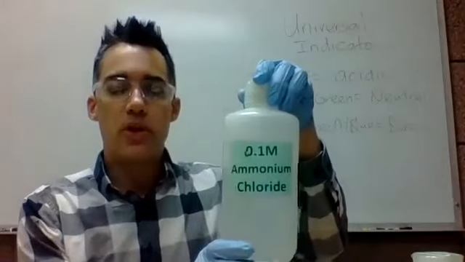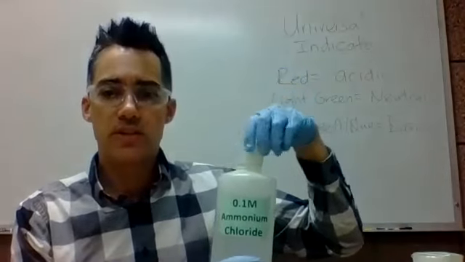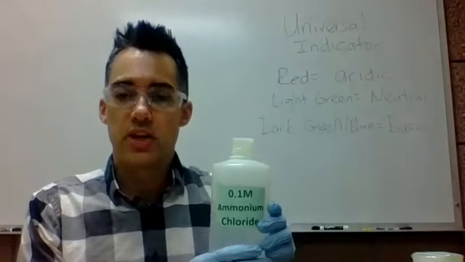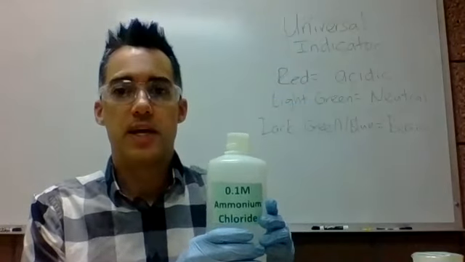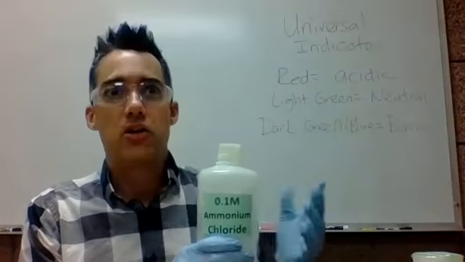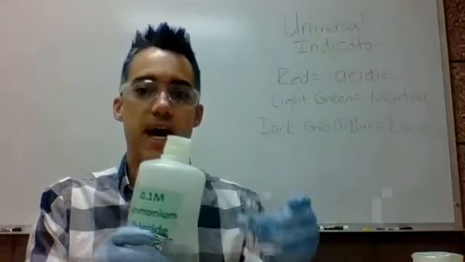Next, we'll take a look at ammonium chloride. We already thought about ammonium chloride in one of our earlier presentations and predicted that it would be an acidic solution, because ammonium chloride contains the cation NH4+, which is a weak acid, and chloride is an ineffective base because it's the conjugate base of HCl.